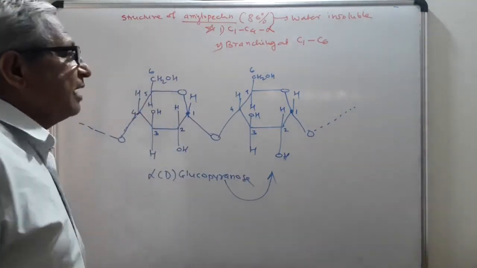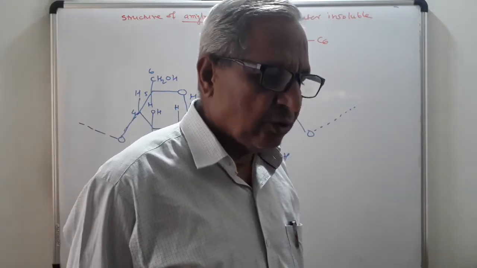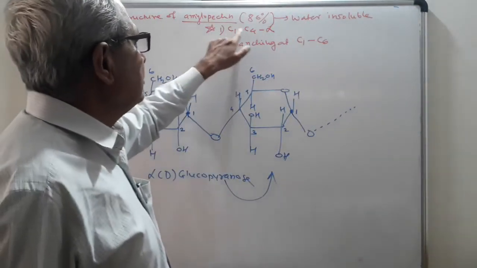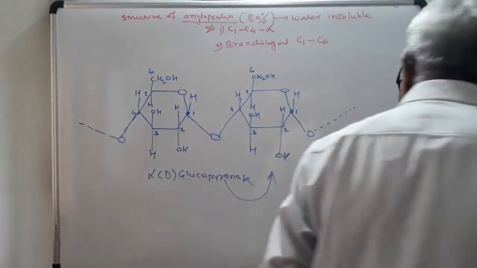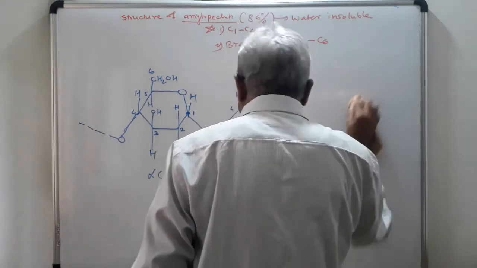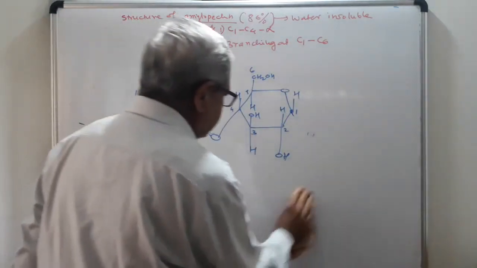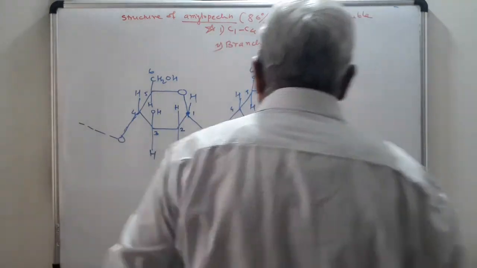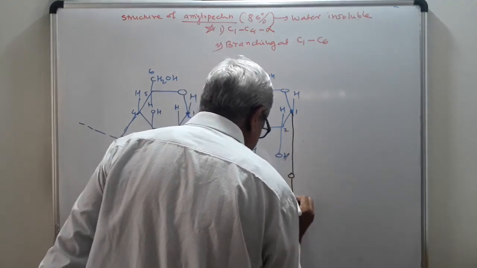In this case, branching will be present through the C1 C6 alpha glycosidic linkage. Actually, it contains the main chain C1 C4 alpha. So this I will indicate here. Again, I will show the branching here. So this is the structure here, and see the branching will be here. Branching will take place at carbon number 1. So I will indicate here the C-O-C branching is here.